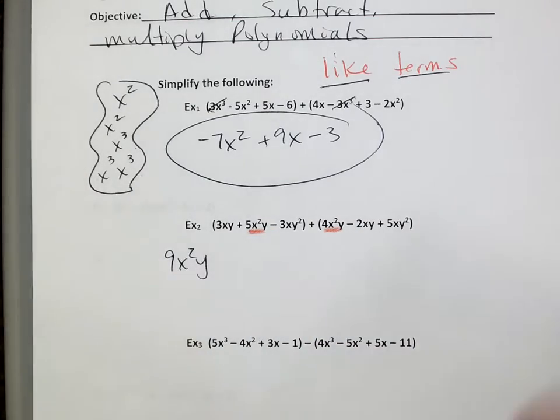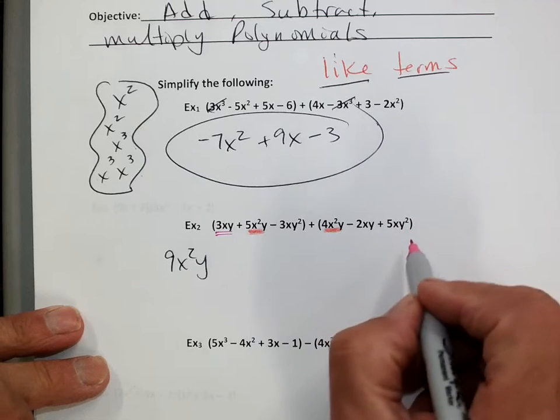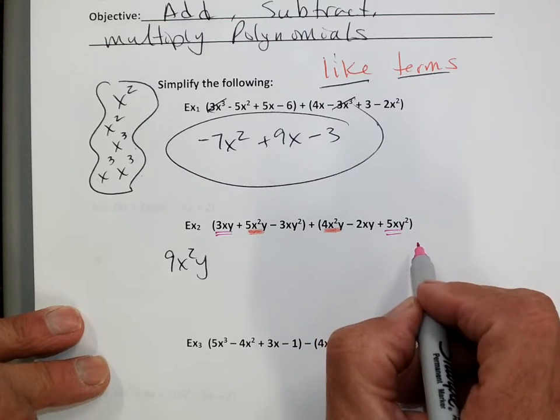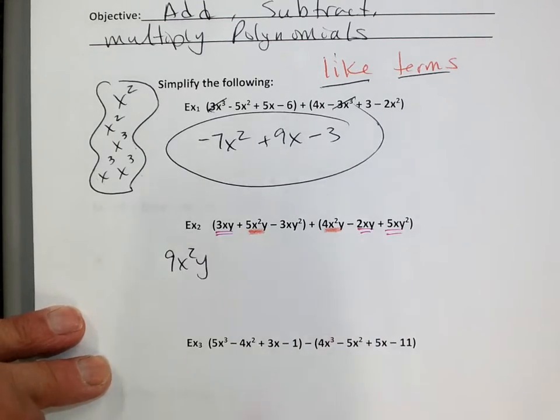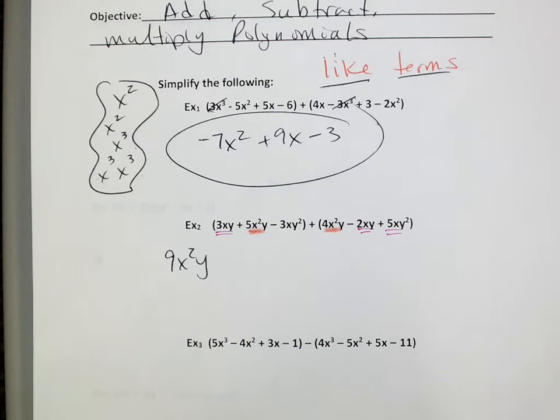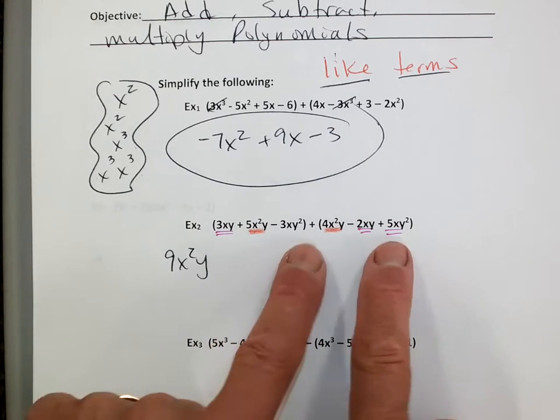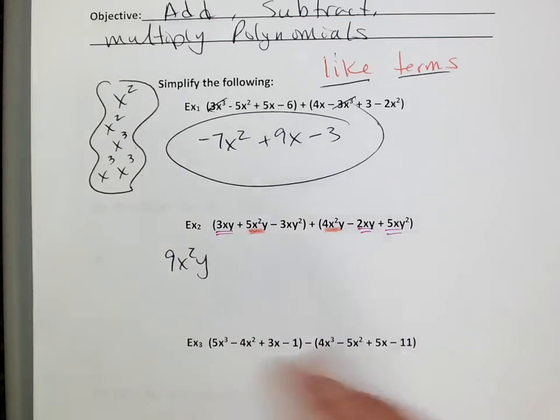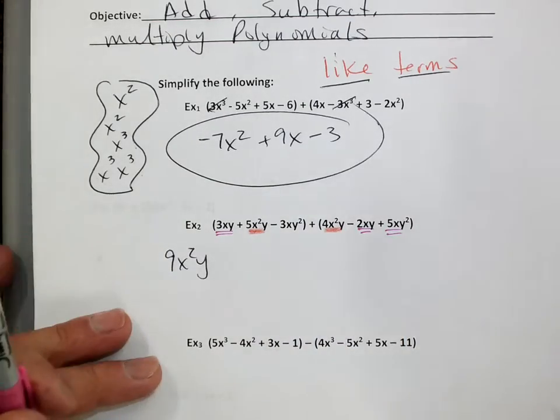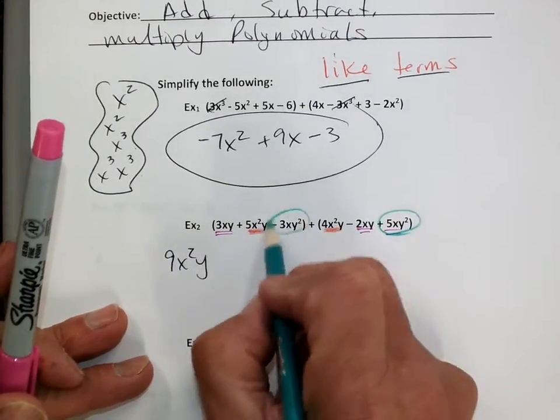When I combine them, I have a 3xy with a positive. Oh, there we go. Back up, Mr. Davies. Hold on, let's do these first. Almost missed one. Let's do this one with this one, okay?